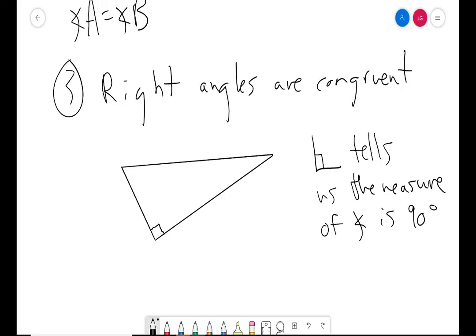Perpendicular, another important word. So every angle you see marked by that symbol is congruent to every other one, right? Now again, here we're talking about congruence of pieces of triangles.